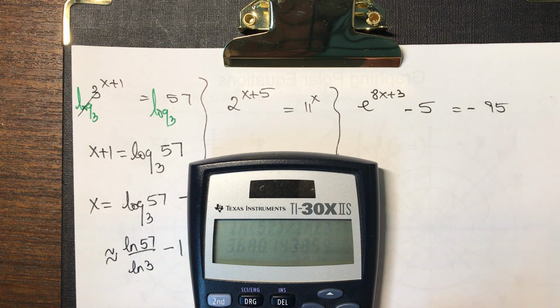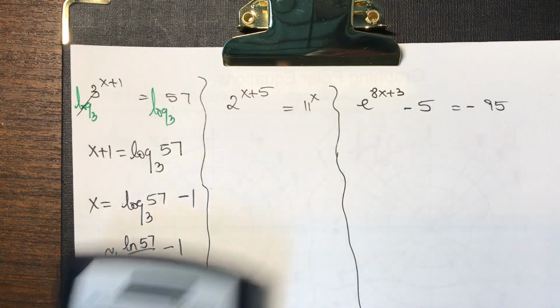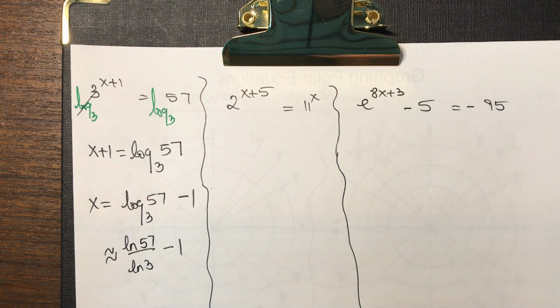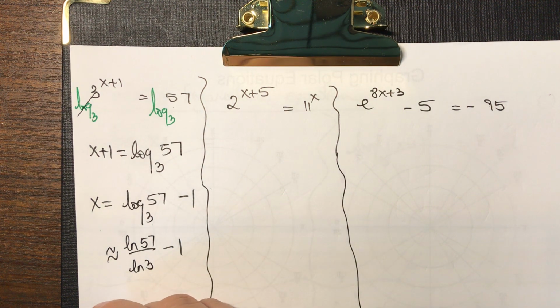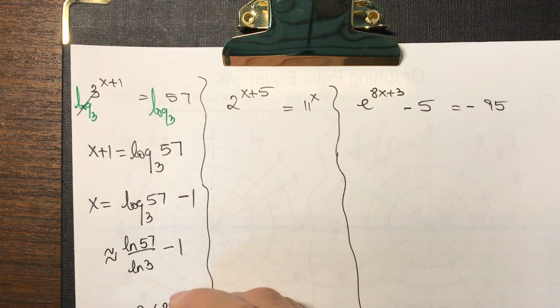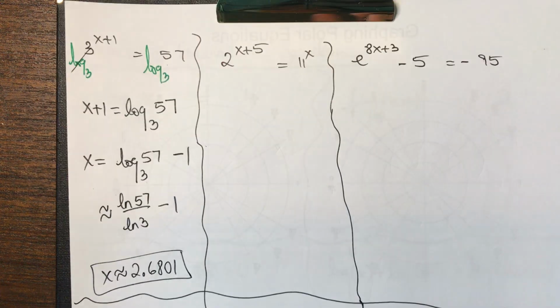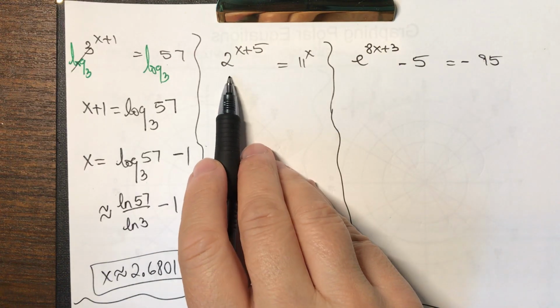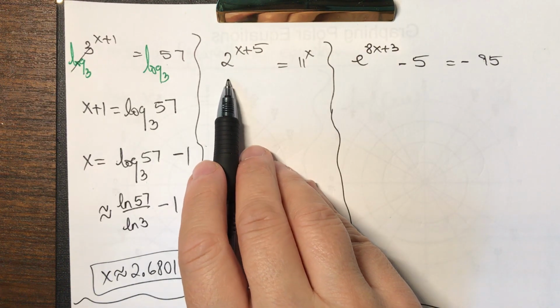You can subtract 1 in your head, or just say answer minus 1, and there you go. The answer is about 2.68. Now, normally when we give decimal answers, we like to use 4 decimal places, but 2 are perfectly fine as well.